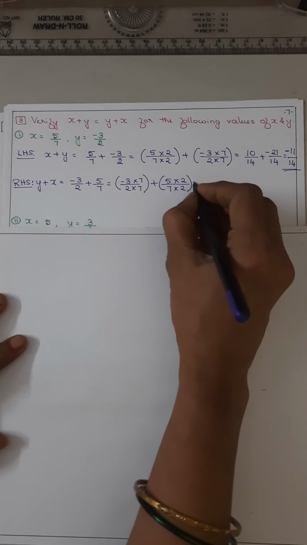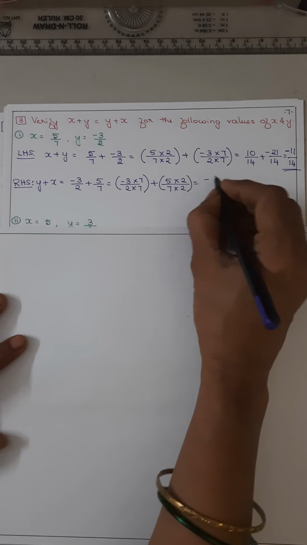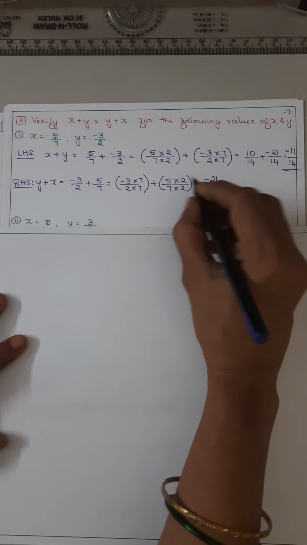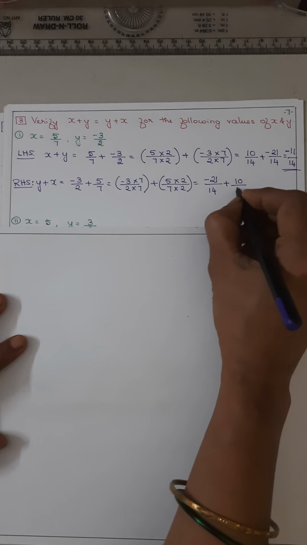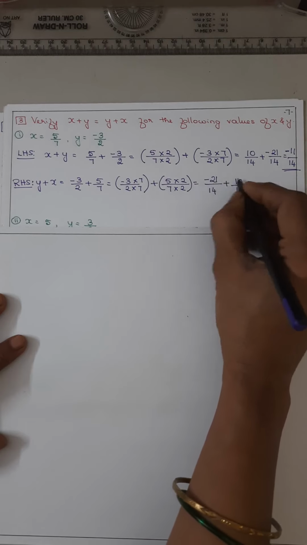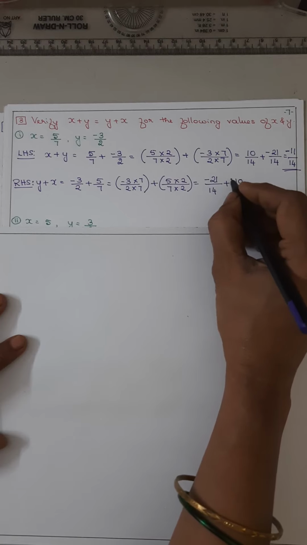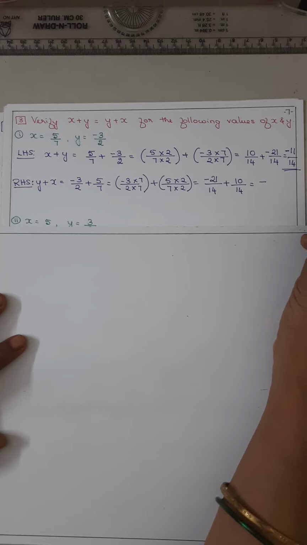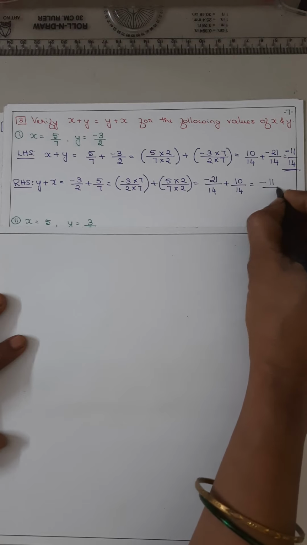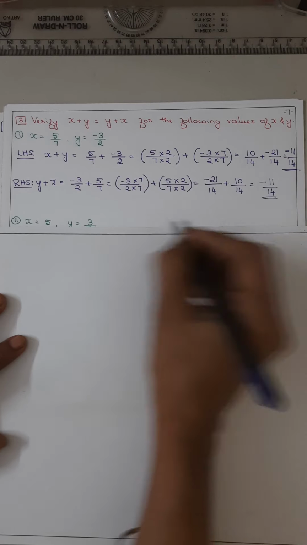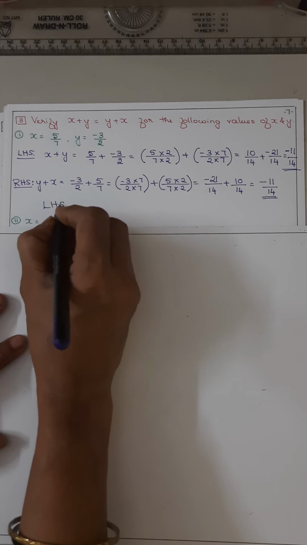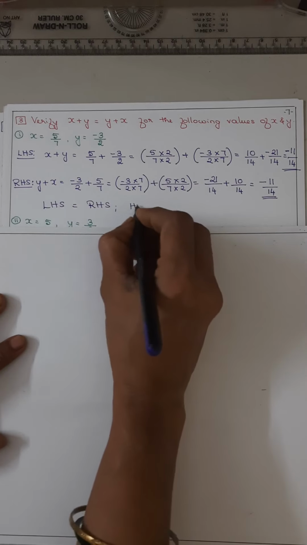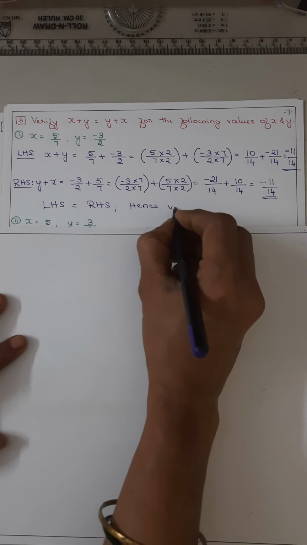So minus 7 3s are 21 upon 14 plus 5 2s are 10 upon 14. So the numerators different sign, subtract, 21 is bigger, sign is minus, 11 by 14. So LHS is equal to RHS, hence verified.